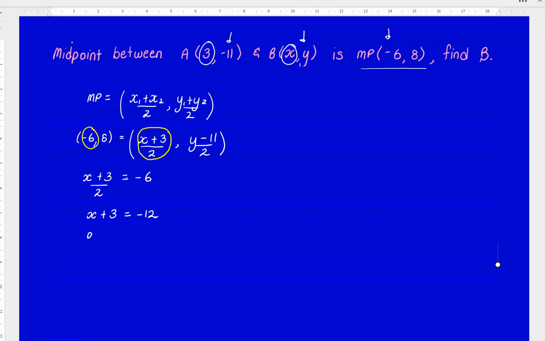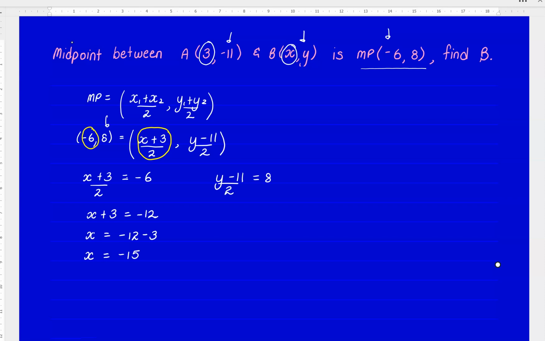The opposite of plus 3 is take 3. So minus 12 take 3 is minus 15. And now we do the y. So y take 11 over 2 has to equal the y here. So that's 8.